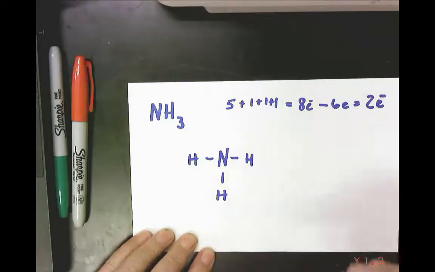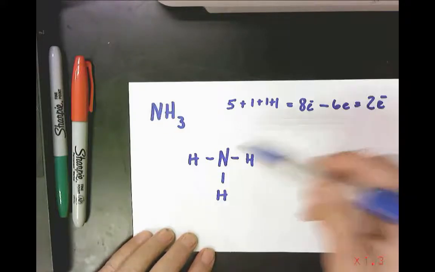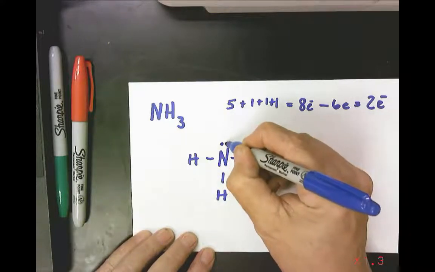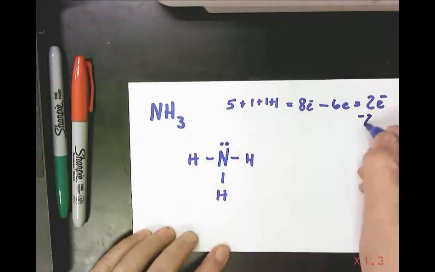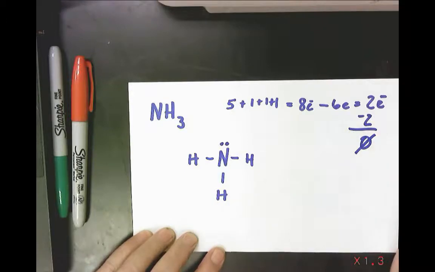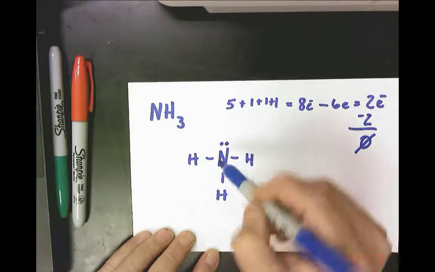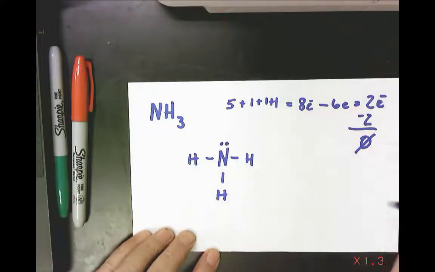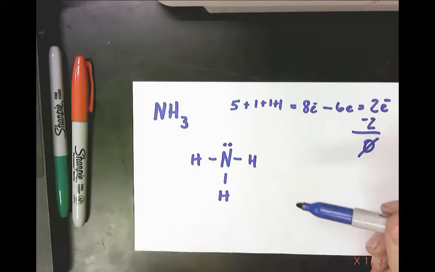So then we move on to the next rule, which says any leftover electrons go on the central atom. There's 2 electrons left, okay? And we've now used up all our electrons. So the valence electrons have been placed, 2, 4, 6, 8. Octet has been completed, and so that's the Lewis structure for ammonia.